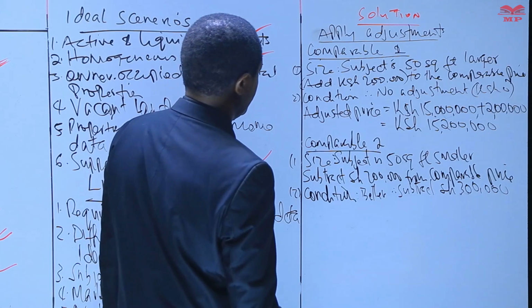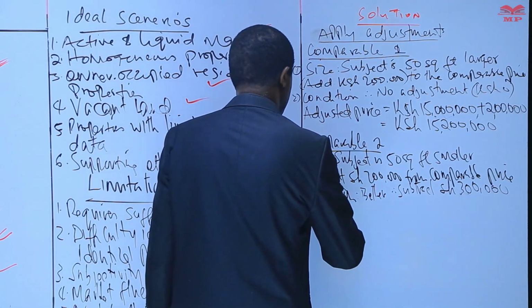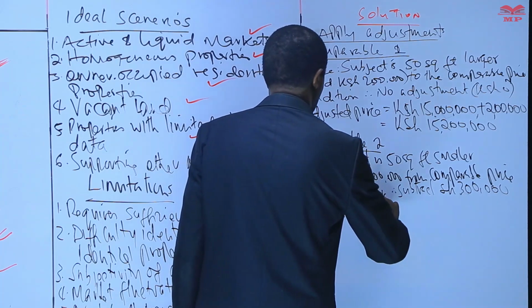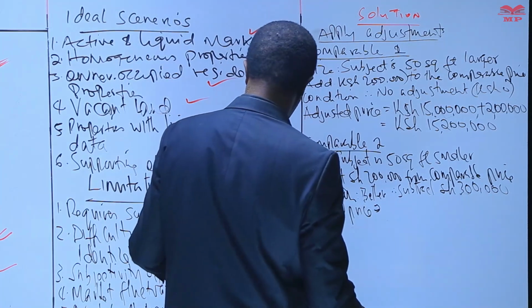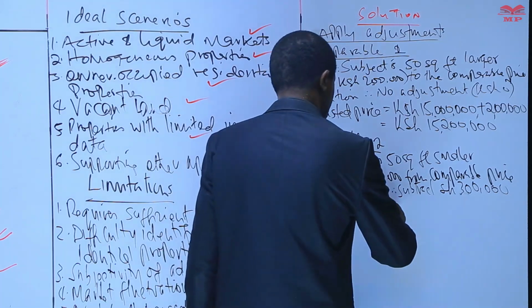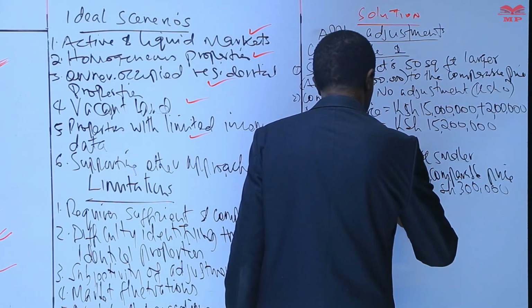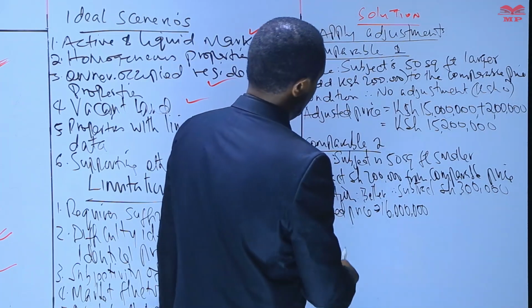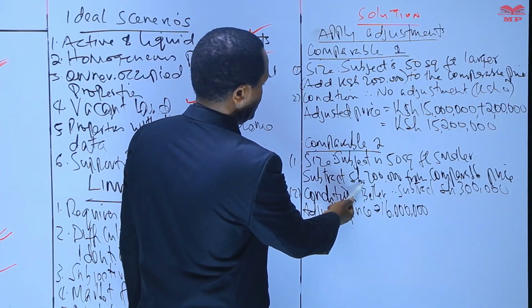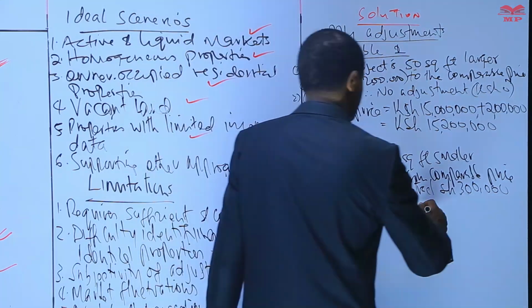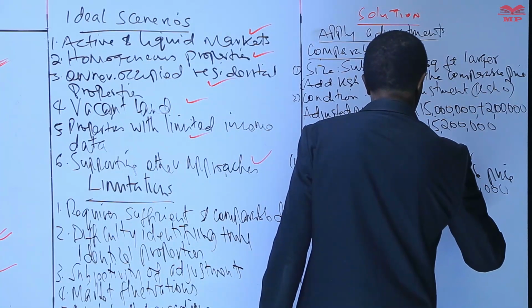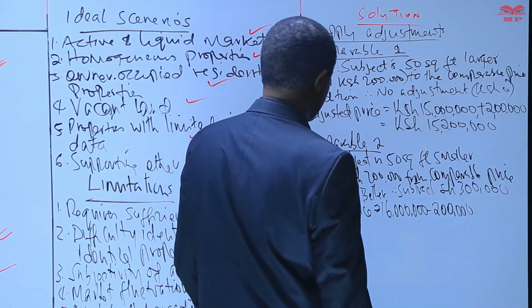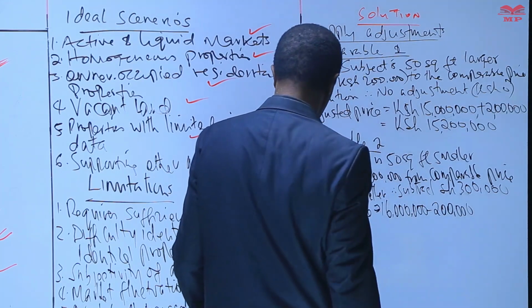And therefore, the adjusted price for comparable 2 will be equal to the price of comparable 2, which is 16 million. We subtract the 200,000.